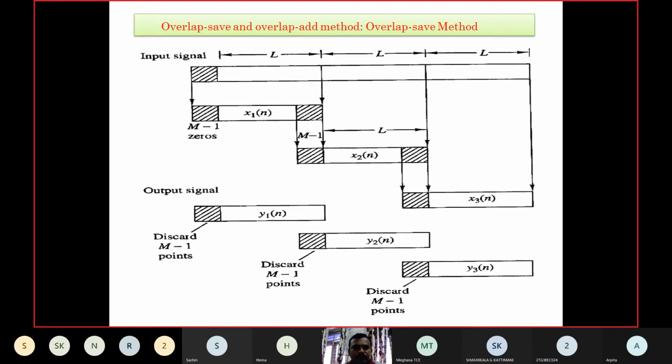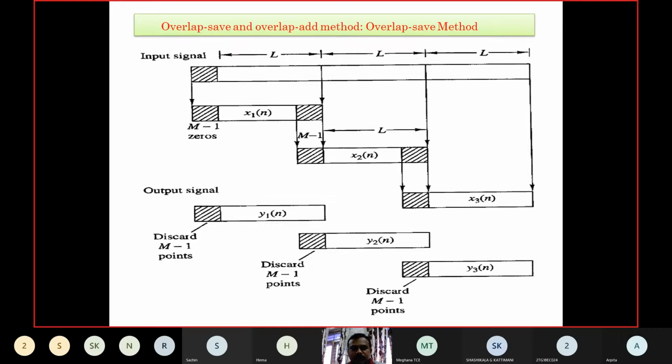The method is to frame each segment of x of n so that each segment has M minus 1 previous block data. The initial part of the present block has M minus 1 values from the previous block.